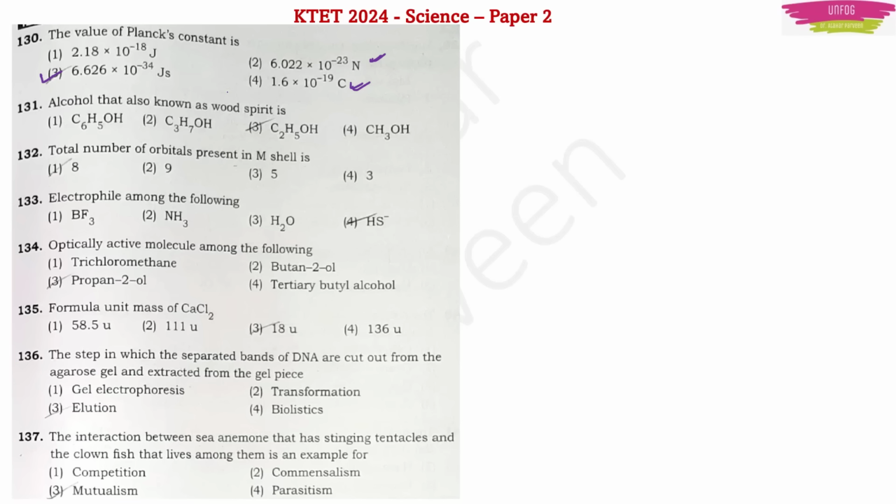I personally did not expect questions from PUC level because when they gave the syllabus, I think less than a month was left for us to prepare for TET. So I expected that they will not ask questions from PUC, but they have asked a few questions from PUC, but they are easy also.